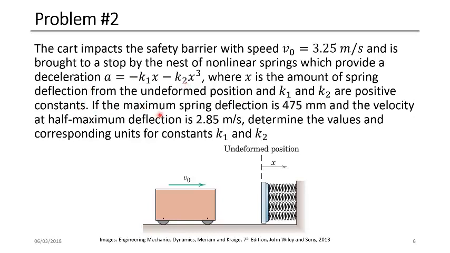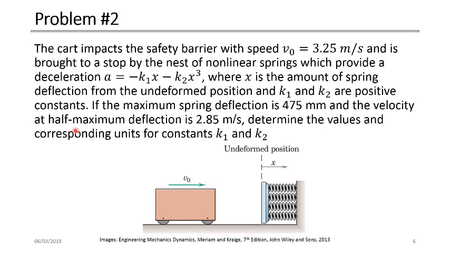If the maximum spring deflection is 475 millimeters, it means that the maximum deflection corresponds to a velocity of 0, because if the springs are compressed to this maximum position, the cart would have stopped at this point.